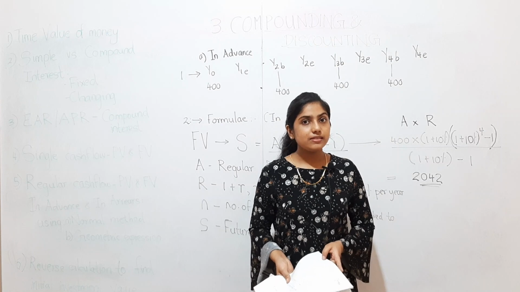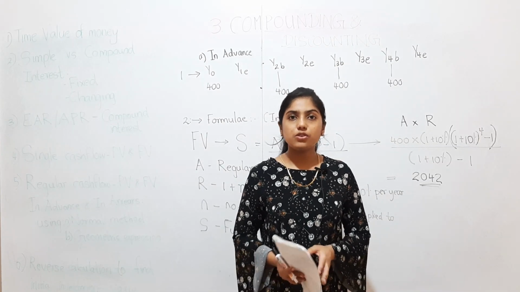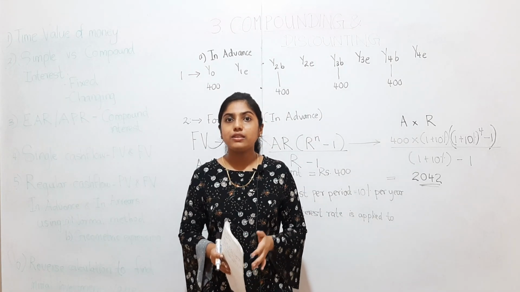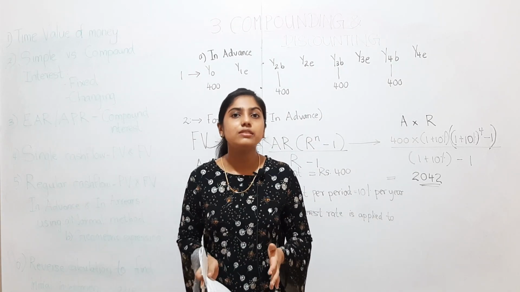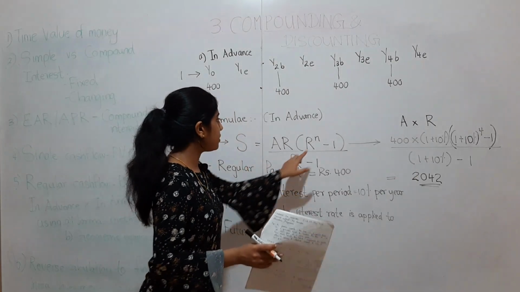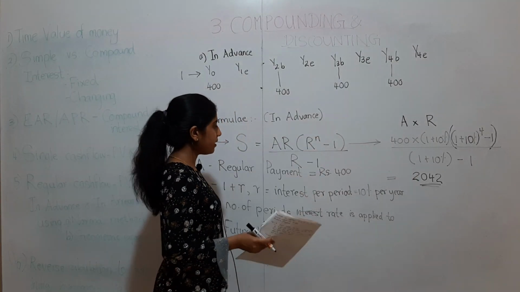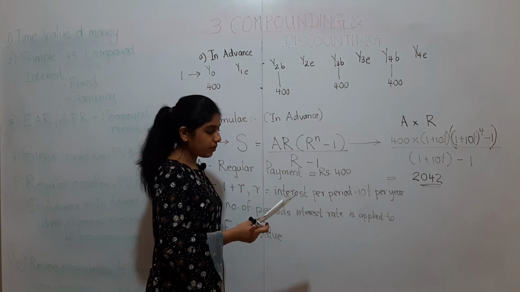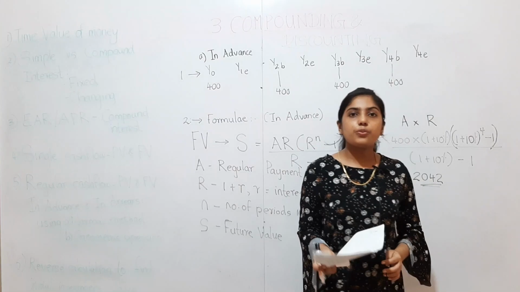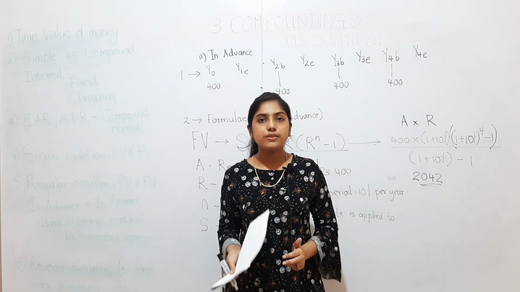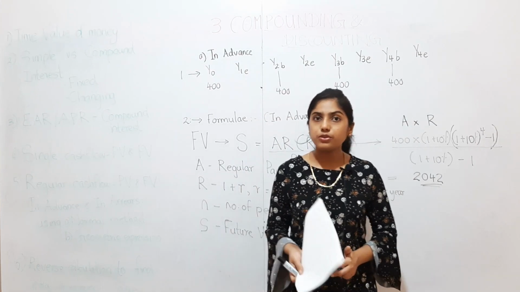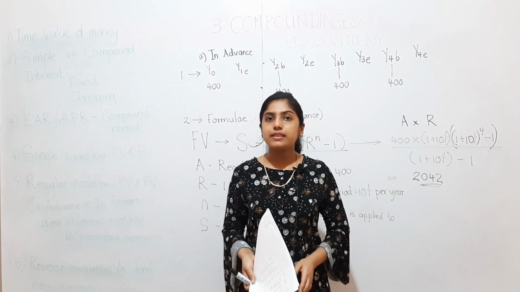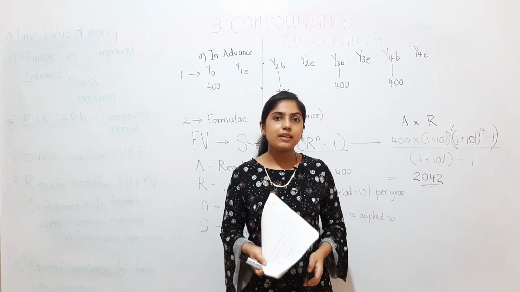I would advise in the exam to better use the geometric expression method because it's less time consuming, and all you need to do is memorize the formula and make sure the n that you use is correct. So with that we finish regular cash flow calculations for future value if the payments are made in advance. Let's next look at payments made in arrears.